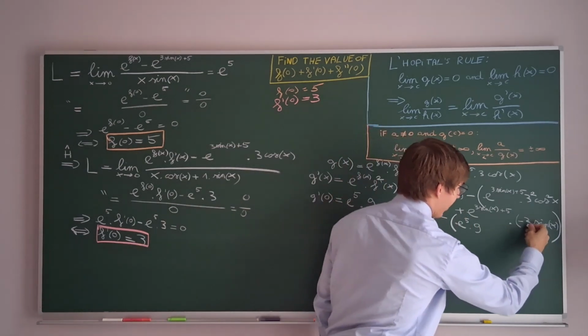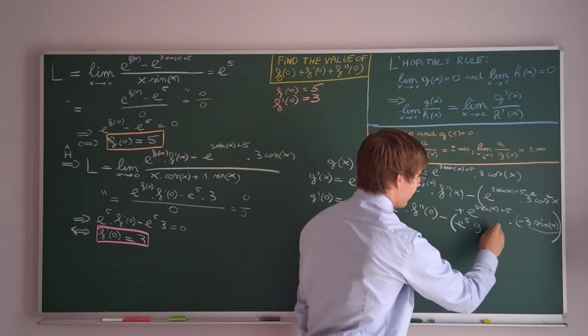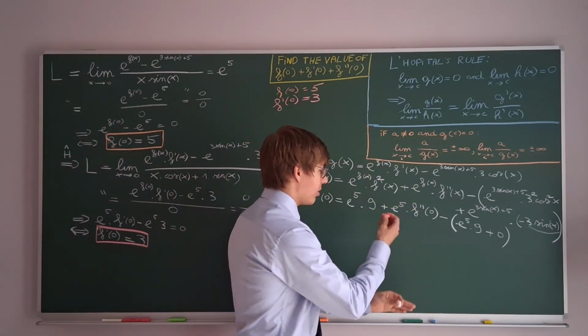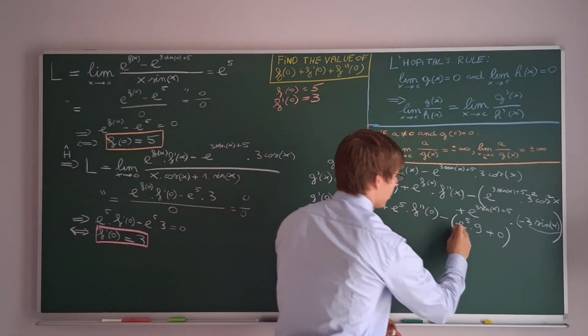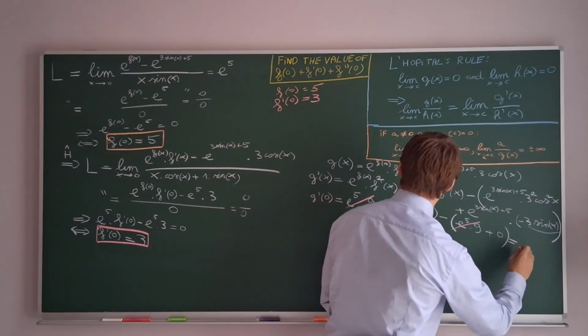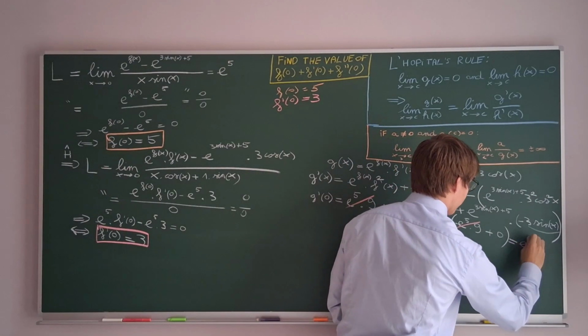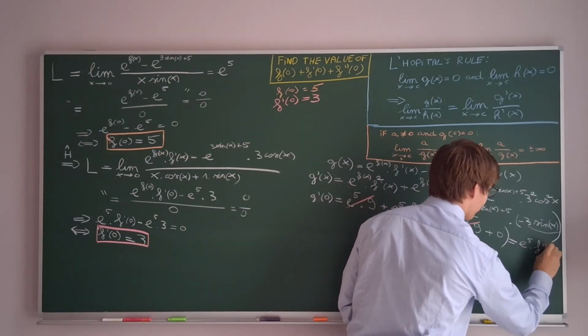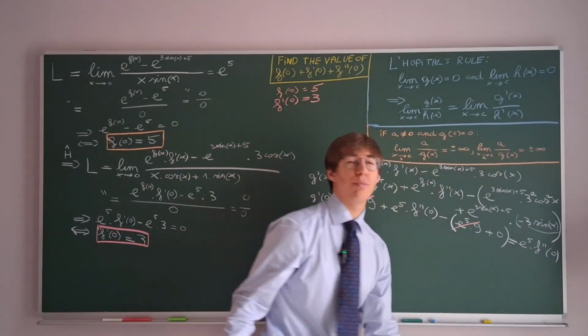And since we have a factor of sine x, the rest becomes 0. And since these terms cancel, we get that this is e to the 5th times the second derivative at 0.